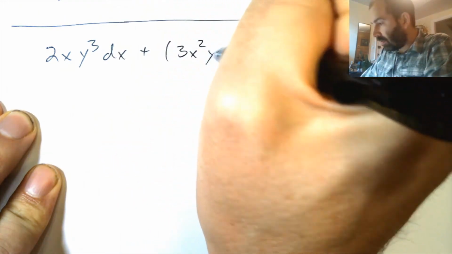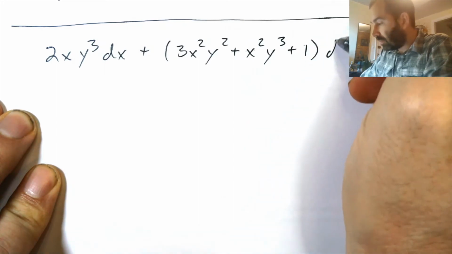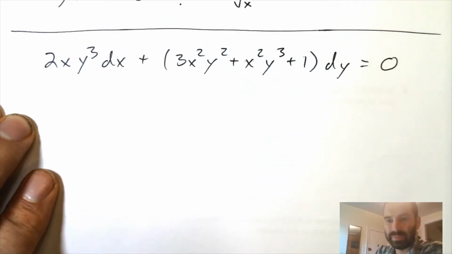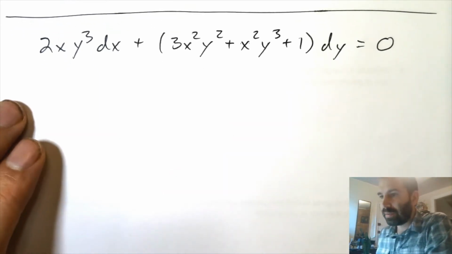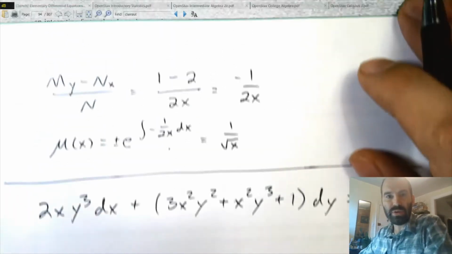Let's take a look at this one. Okay, here's our differential equation. And so let's just go right to the book and see what it suggests that we do here.